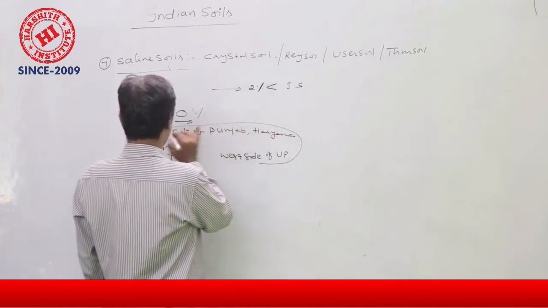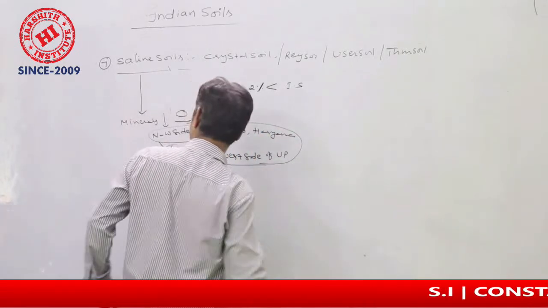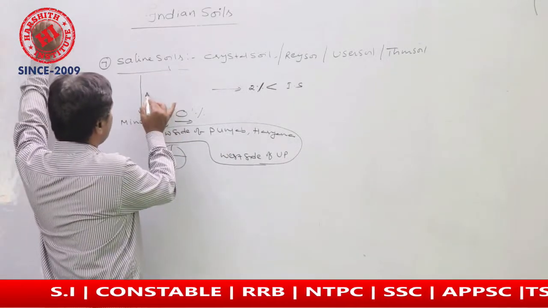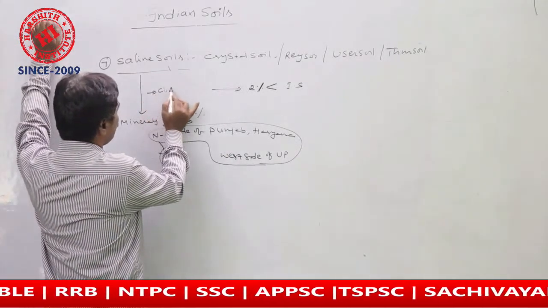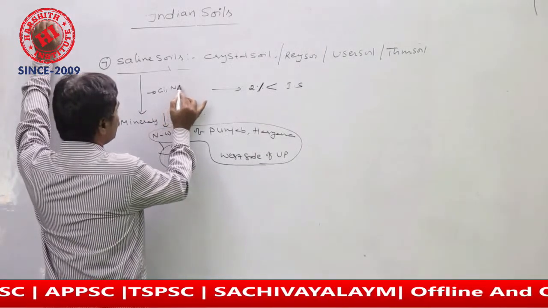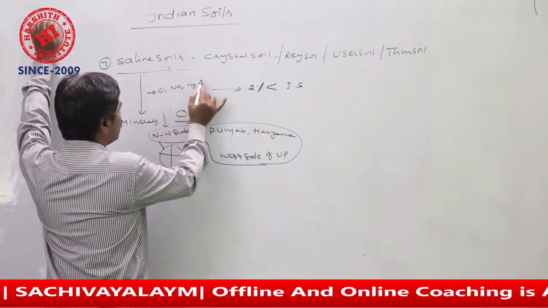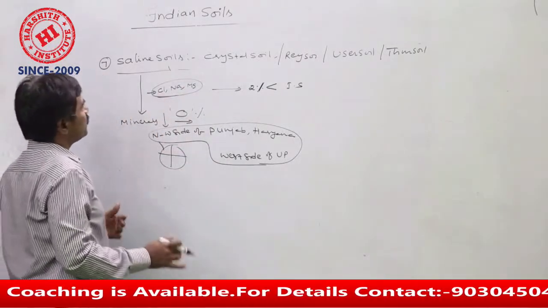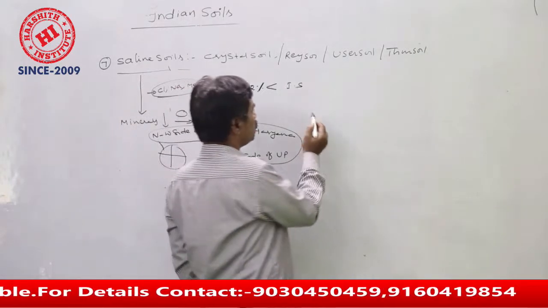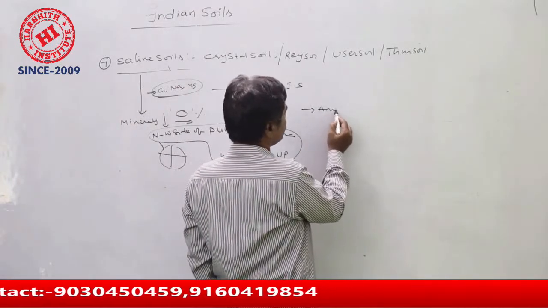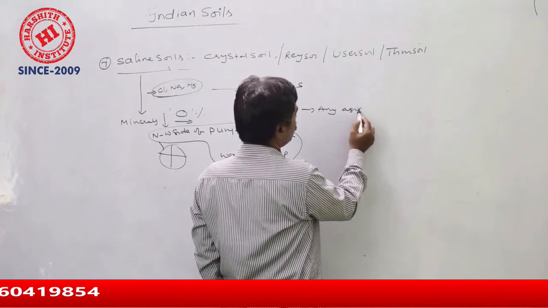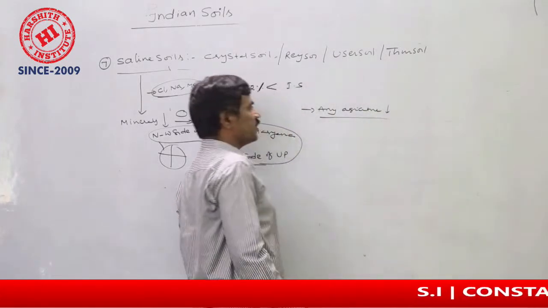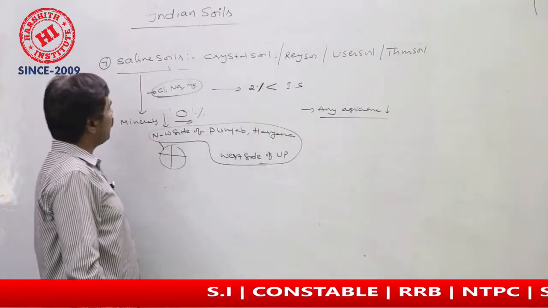These three states have some areas of saline soils, and these soils also contain some percent of chlorine, sodium, and magnesium. These soils are not balanced. So they are not suitable for any agriculture crop. Without agriculture, it is barren land.